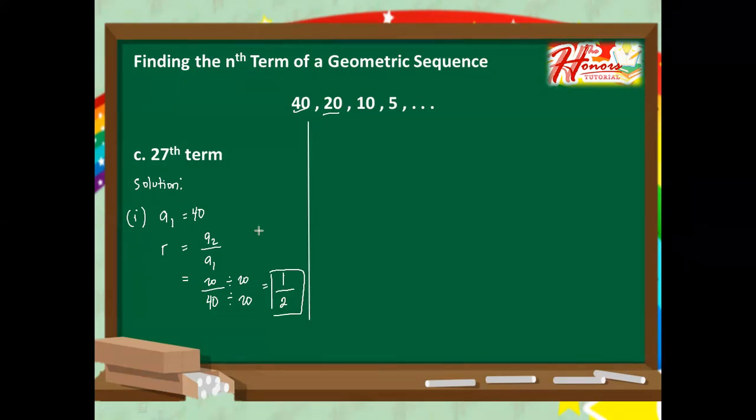Now let's continue solving. Let's use our formula. The formula is a sub n is equal to a sub 1 times r raised to n minus 1. So a sub n here is the missing term. So that is a sub 27 is equal to a sub 1, that's 40, times the ratio, that's 1/2, raised to n minus 1.